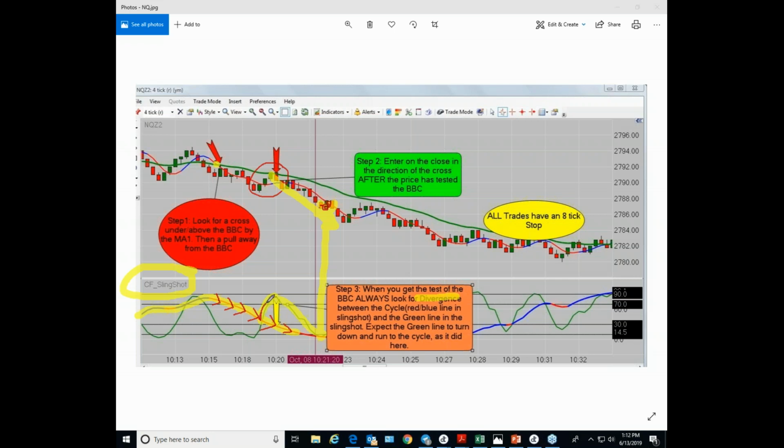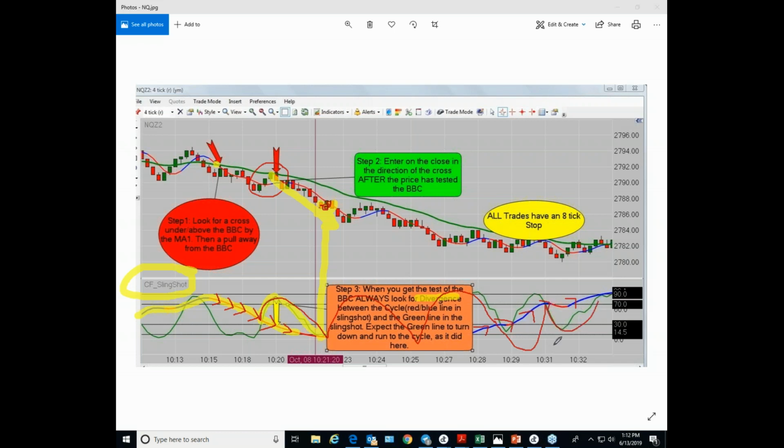What we expect to happen is the green line to pull away, get into the cycle. Pull away, get into the cycle, until, guess what? The cycle turns blue. What is this suggesting? Bullish momentum. Then you're looking for the green line to get underneath it and then create bullish momentum or bullish divergence.